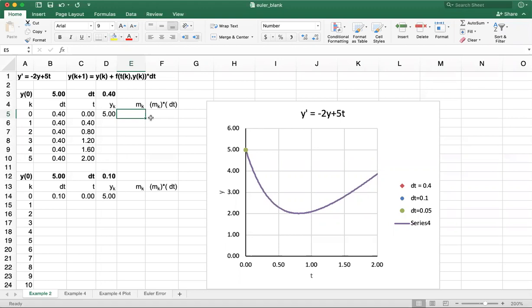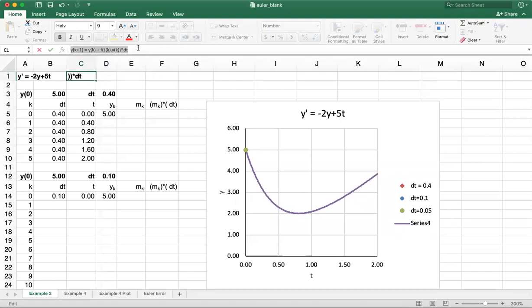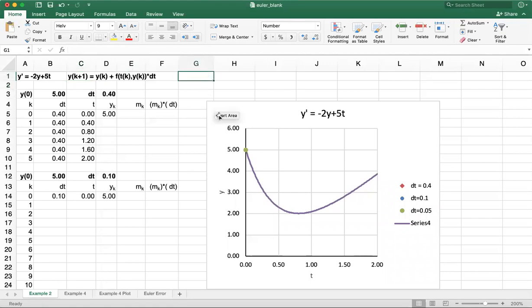And so what is the slope? The slope is going to equal essentially the right-hand side of the equation. So I'm going to write out Euler's formula one more time, but instead of writing it in terms of f of t k, y k, I'm going to write it out in terms of what f of t k, y k is.